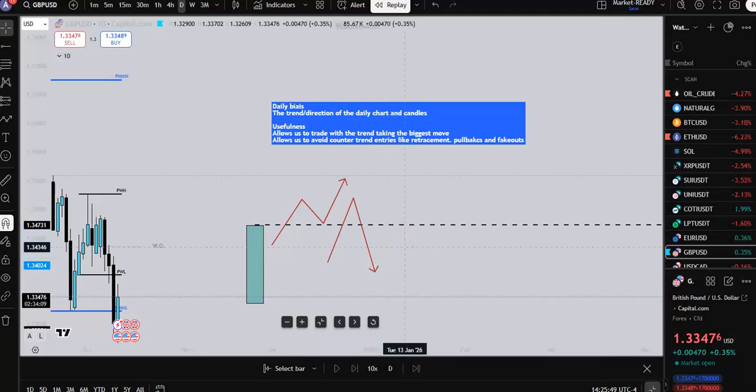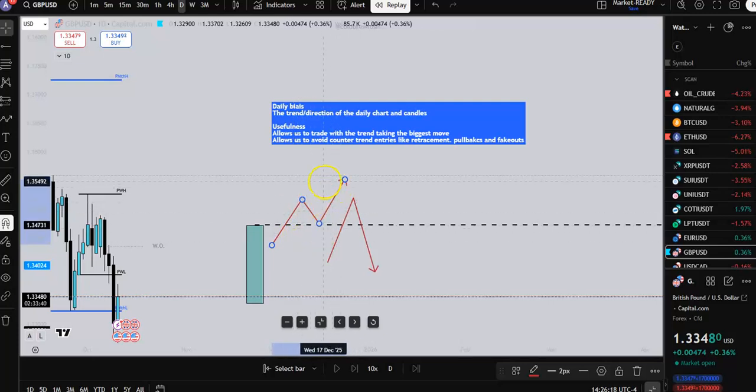So with the daily bias, we will avoid taking short here because when price pulls back here, many will go short. But with the daily bias, we will be in continuation mode. So we're going to take only longs, and it will also allow us to take profit and enter at any stage when we have a reversal.